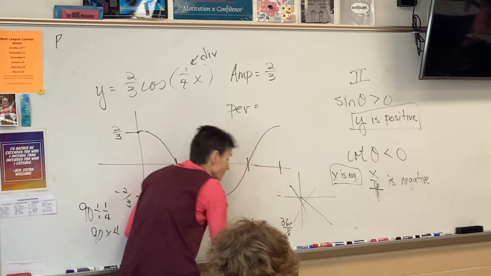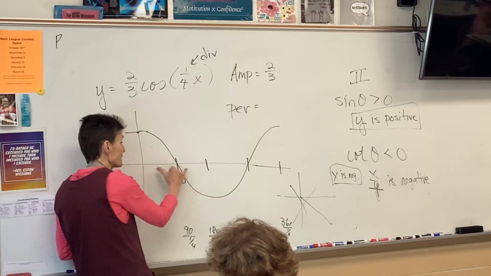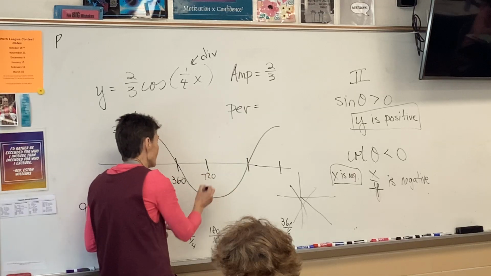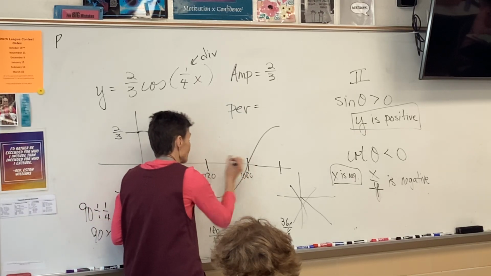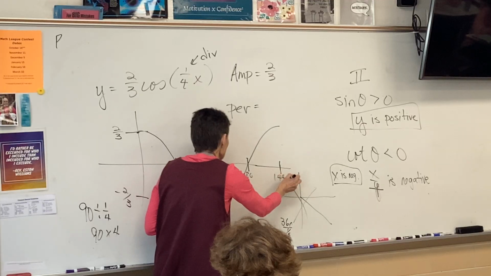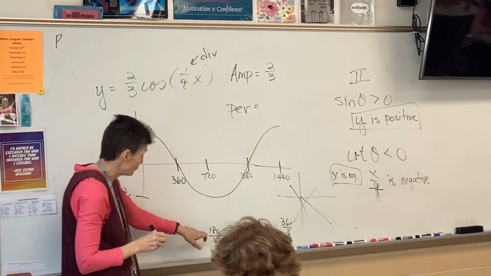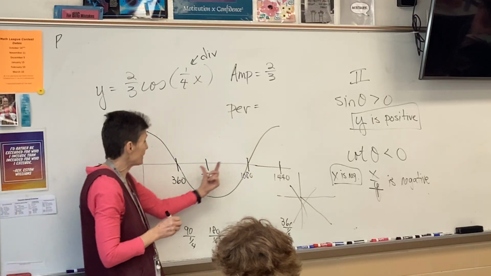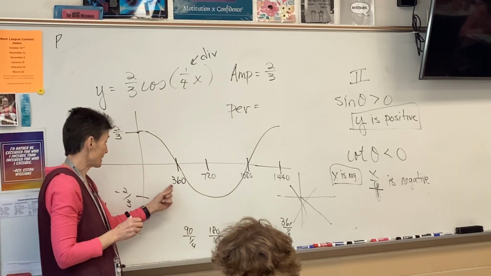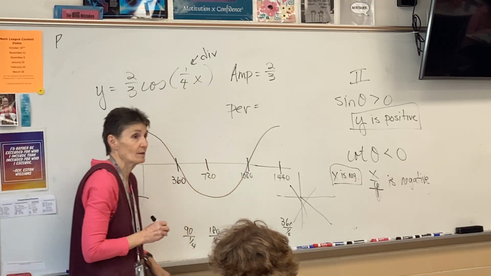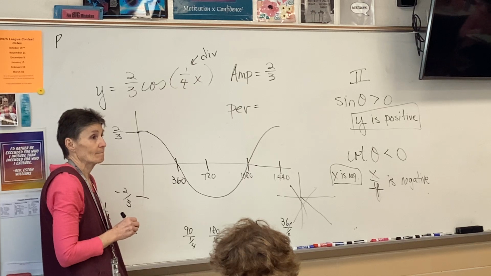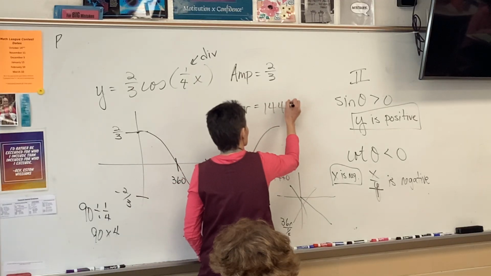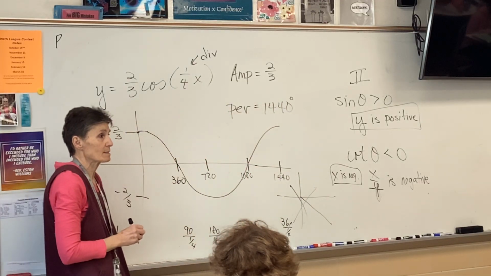Or you can remember that if that's 360, this will be another 360. So I'll just add another 360, and another 360. It doesn't matter how you do it, you guys. You're either going to do all of these divisions and get those numbers, or you can just keep adding 360 in this case, because that's 360. Add 360 all the way down the line. So what's my period? 1,440 degrees.